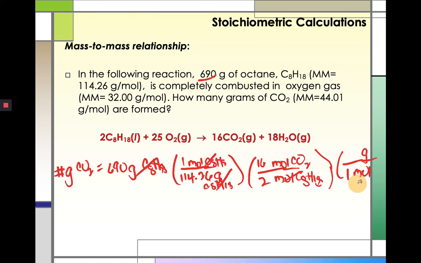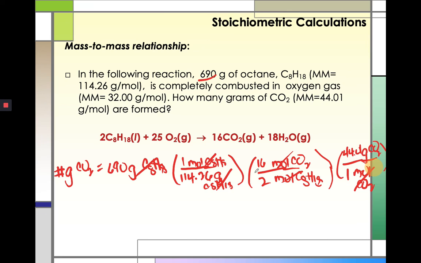The molar mass should be used to convert moles of CO2 into grams of CO2. Thankfully it was already given; if it were not, we would have to find it ourselves. So this is 44.01. Let me just place the label, I'm quite OC that way. Now we can cancel moles of CO2.